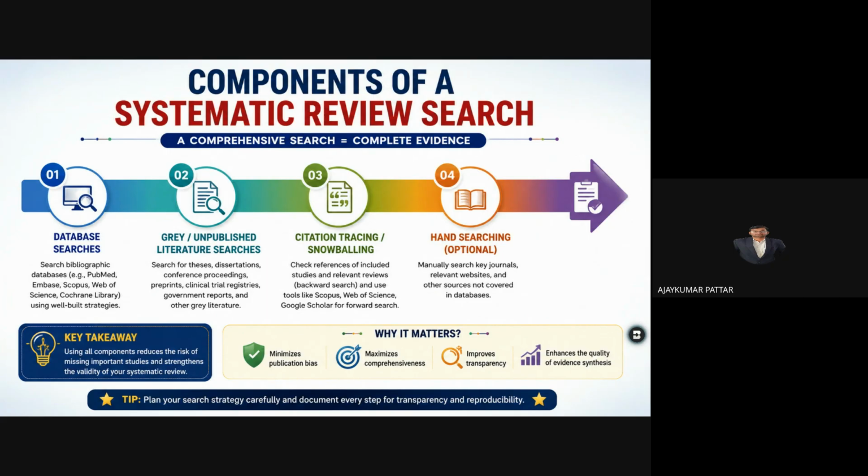In many publications I have seen, they do not go with gray literature, because gray literature searching is not a mandatory one. It is the best method, but database searching and clinical registry searching is most appropriate. So that is the mandatory one.